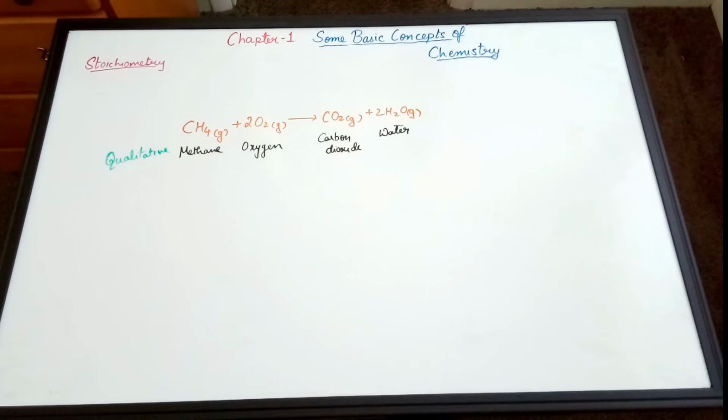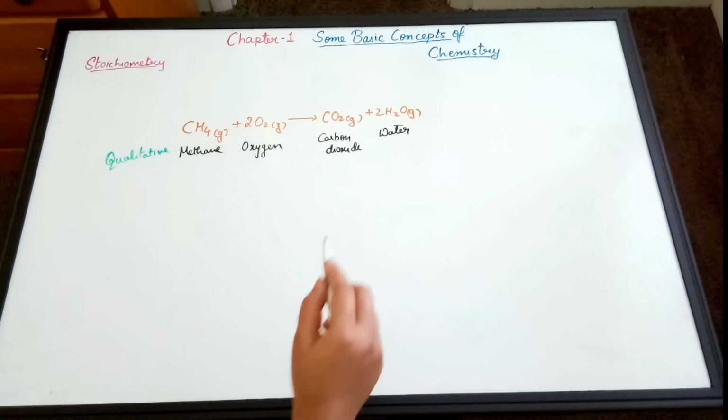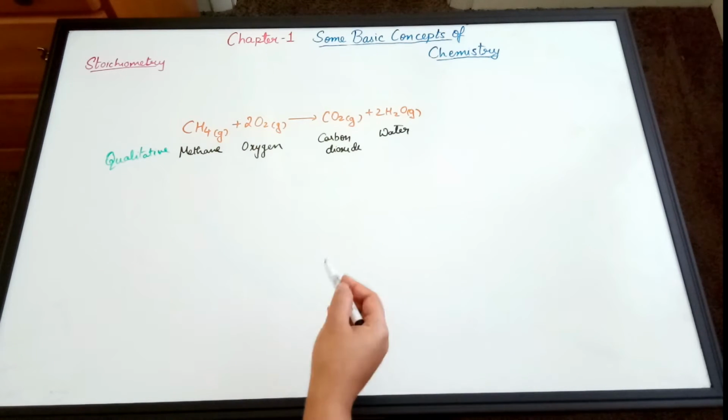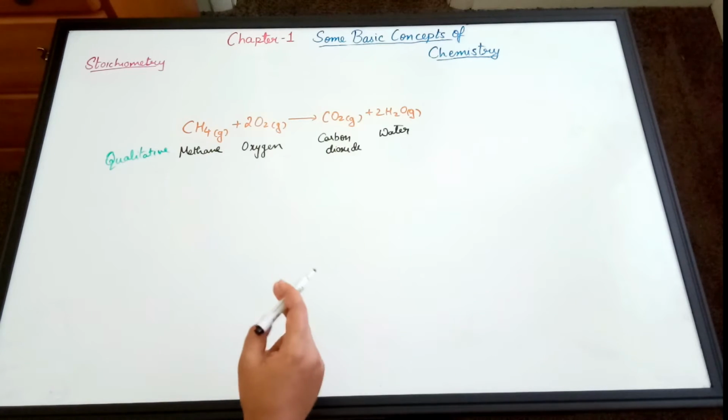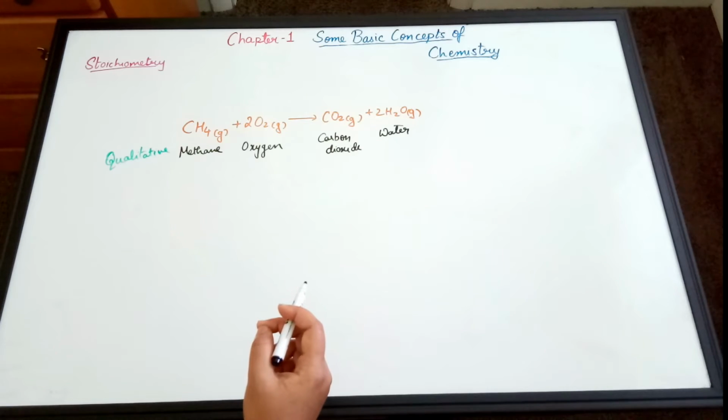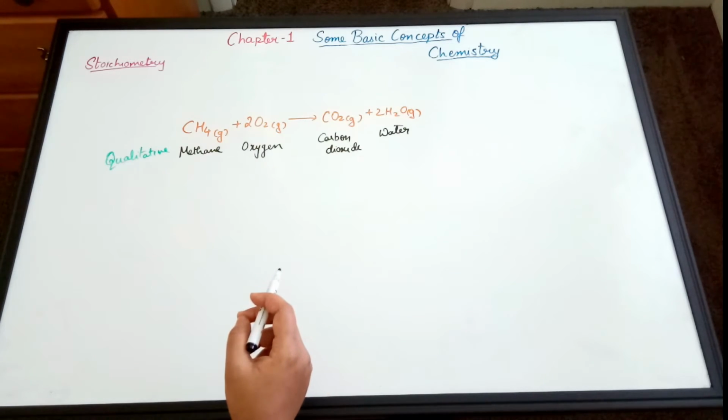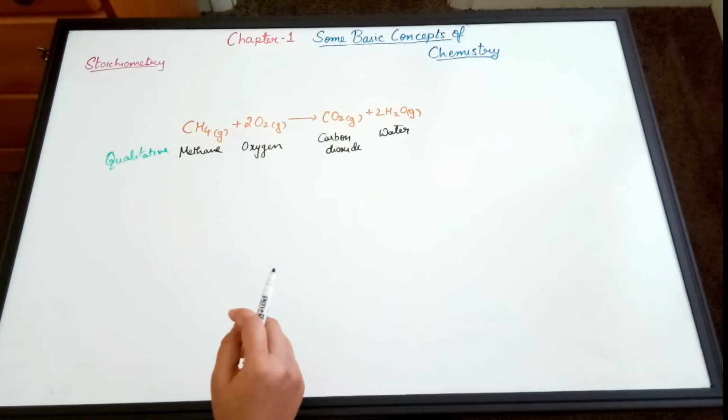Quantitatively speaking, there is a lot of information which a chemical reaction provides. Also, the ones in brackets show the state of the particular substance. G means gas, L means liquid, AQ means aqueous, which basically means that particular substance is dissolved in water, and S is solid.